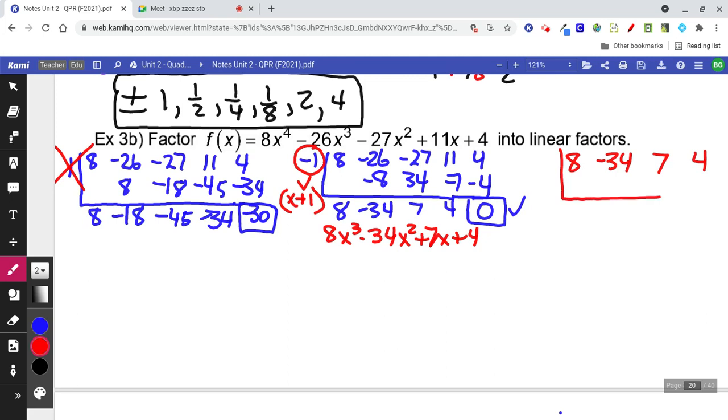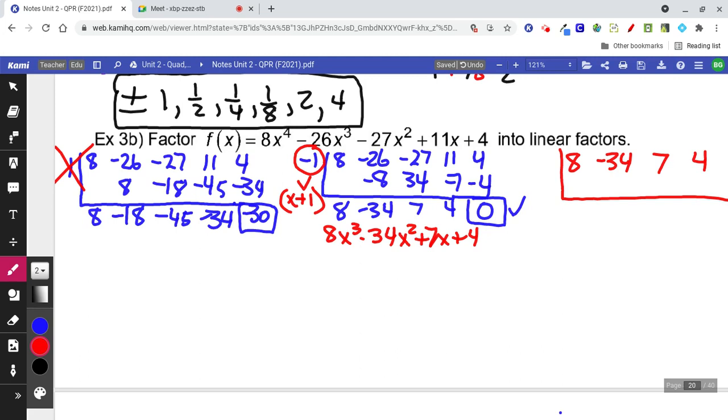So make sure you're using the reduced version. Keep reducing, keep reducing, keep reducing. Okay? And one thing that's weird about this is negative 1 could possibly work again. It doesn't happen so often, but negative 1 we could try again.